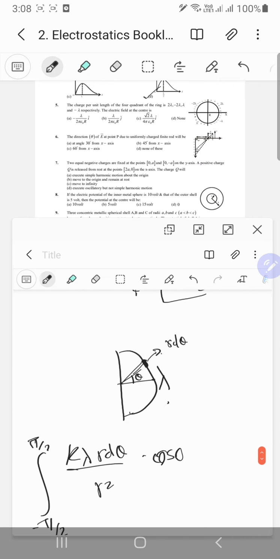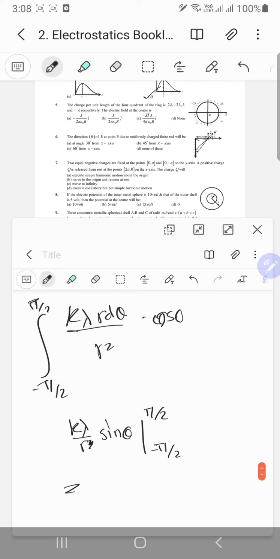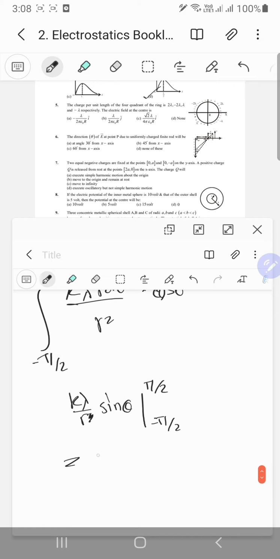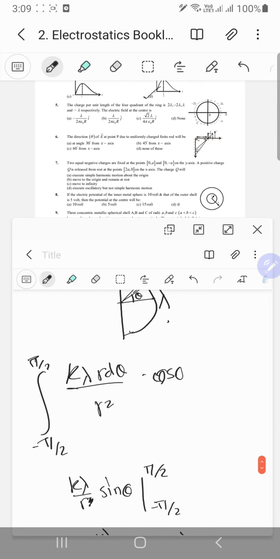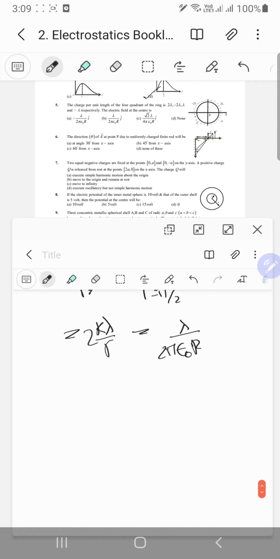Otherwise it's correct. So it should just be k lambda upon r, sine theta from this to this, that's gonna be 2. So in terms of this, k is just 1 upon 4 pi epsilon naught, so it's gonna be lambda upon 2 pi epsilon naught r. Looks nice. And in which direction? It should be in this direction, so minus i hat, and this is option A.